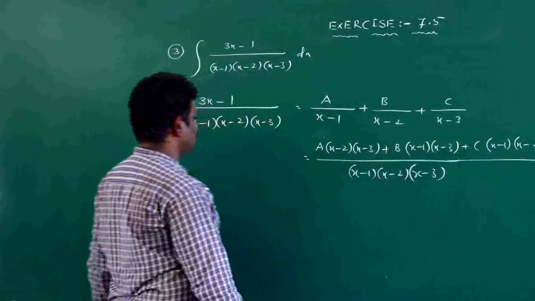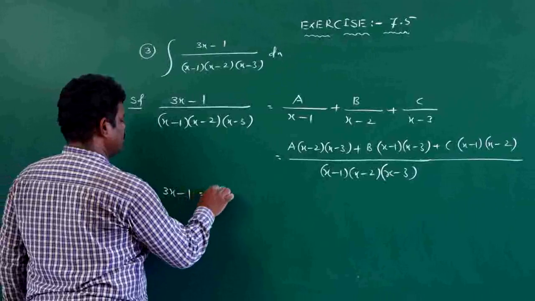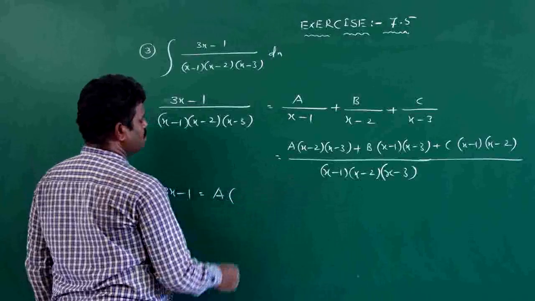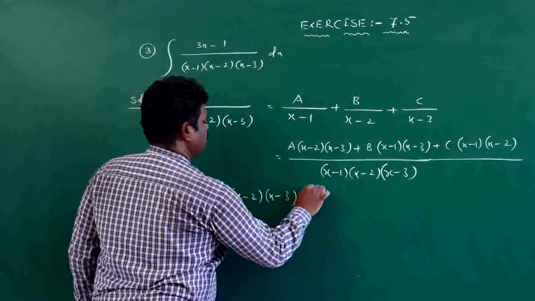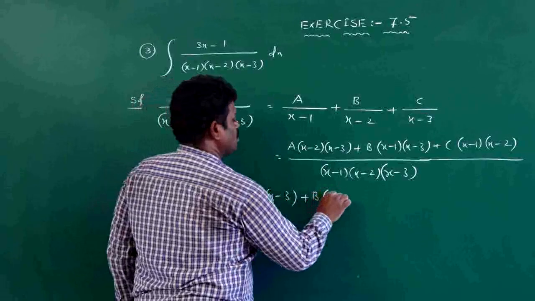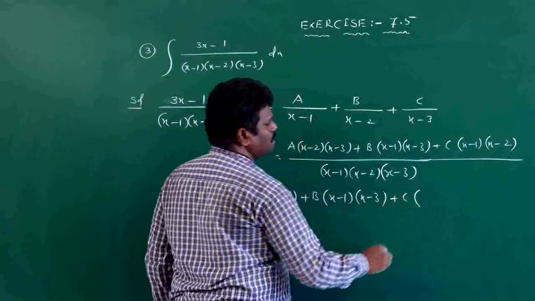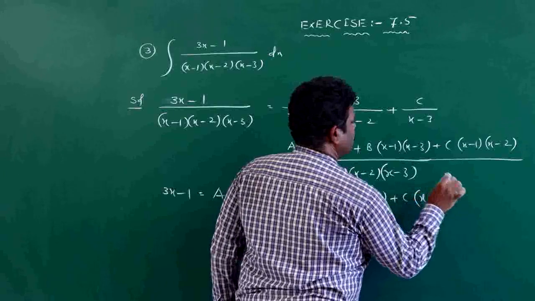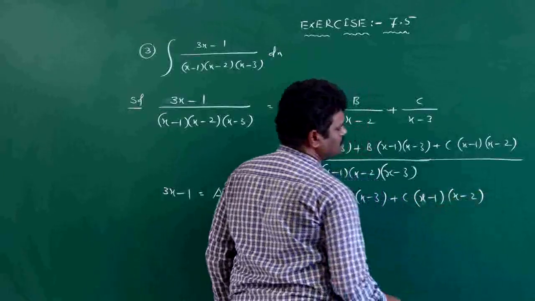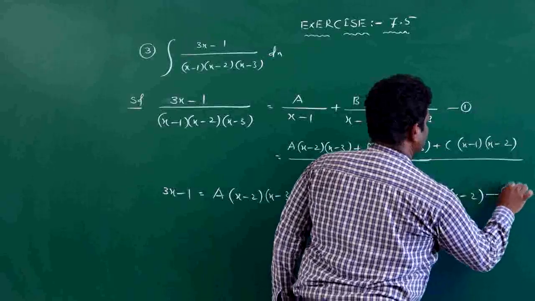Now what we have: 3x minus 1 is equal to a into x minus 2 into x minus 3 plus b into x minus 1 into x minus 3 plus c into x minus 1 into x minus 2. So this is equation 1, and this is equation 2.